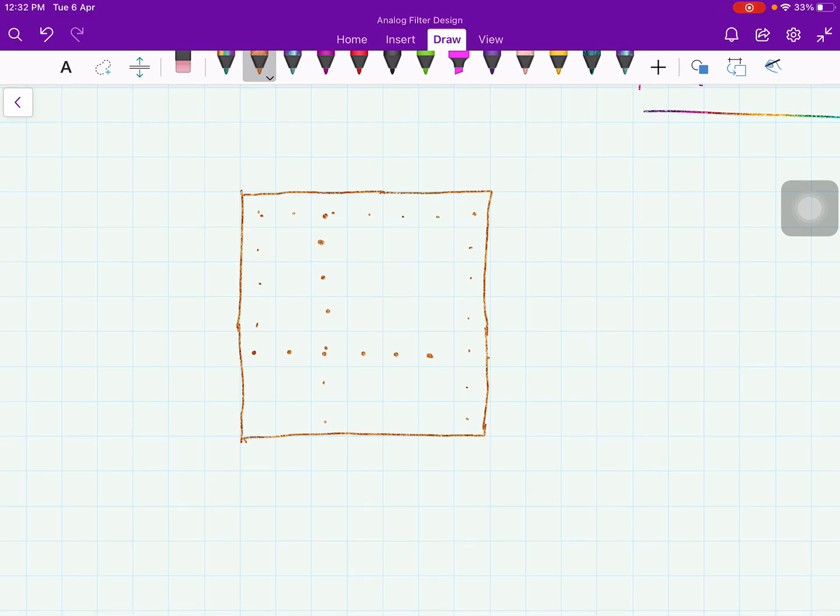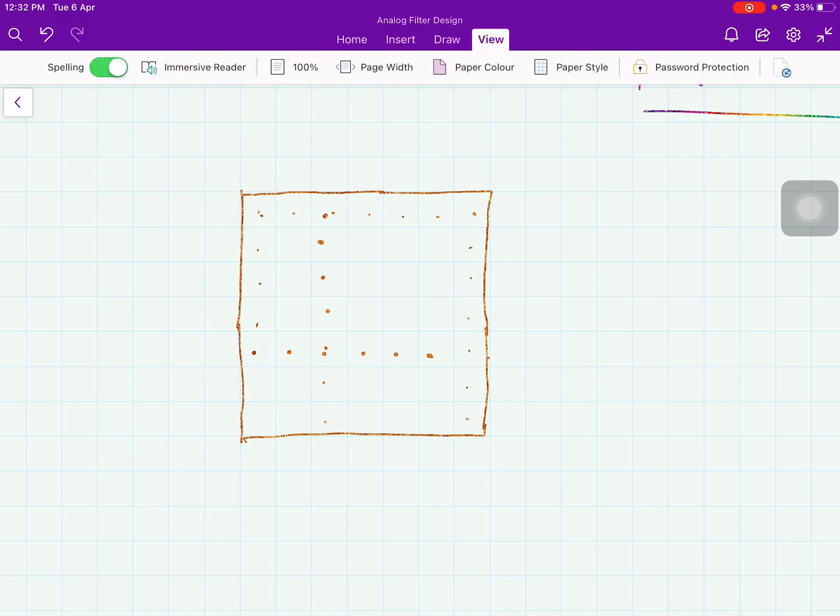Fine. So let me draw a square and divide it into 4 equal parts. Again I did a messy thing, so one second.